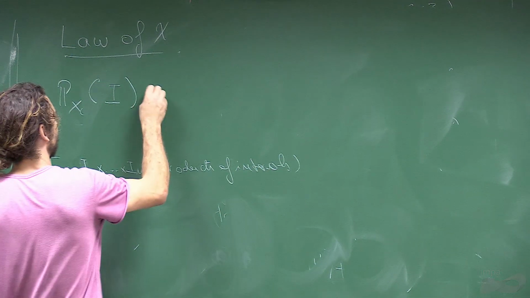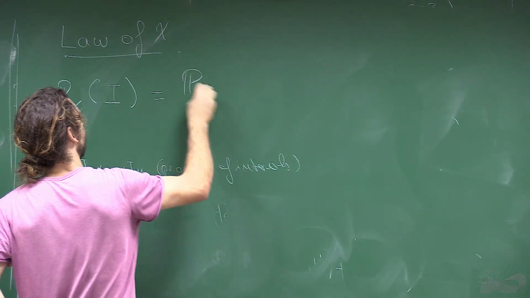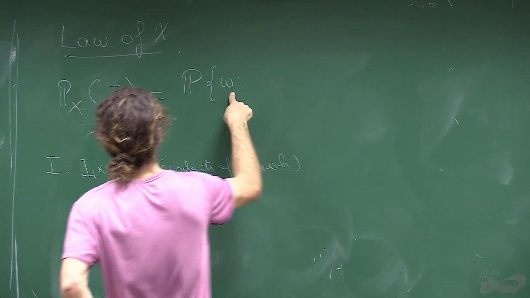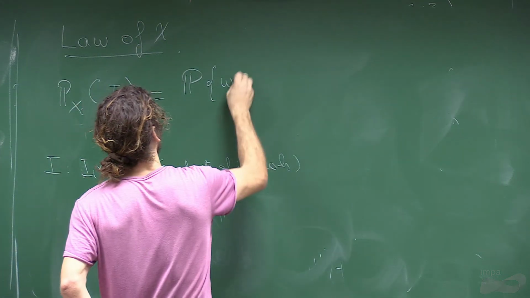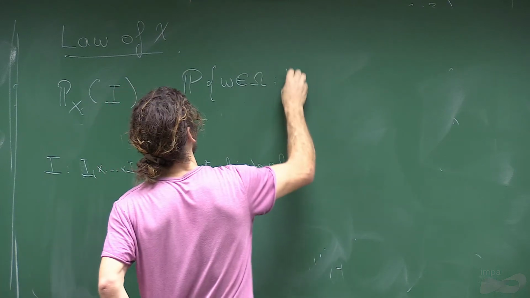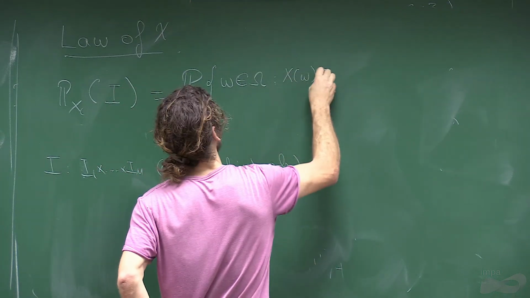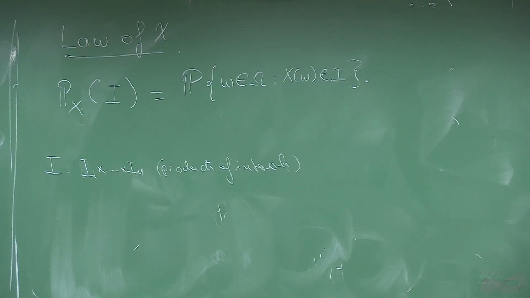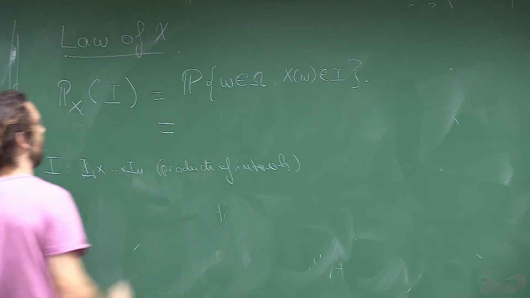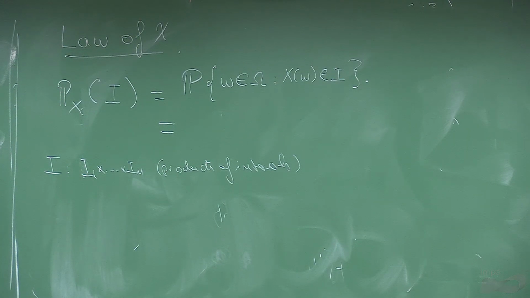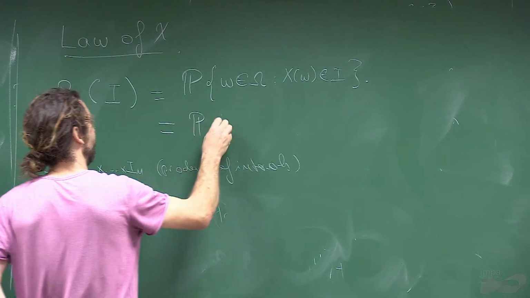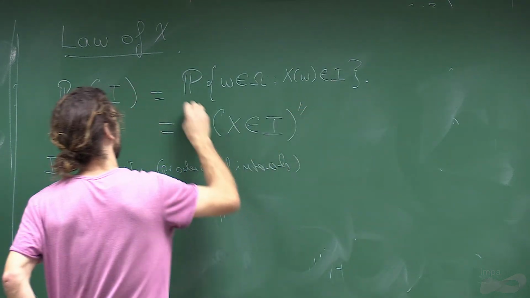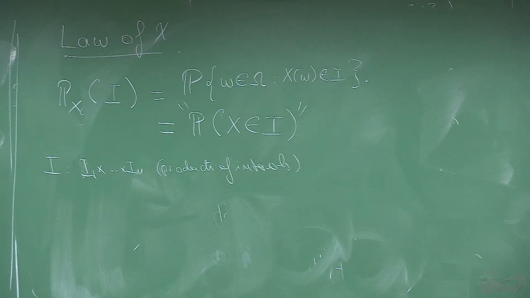And this is nothing but the probability of the set of realizations omega such that X of omega is in I. And we write it sometimes as P of X in I. This is a conventional notation.